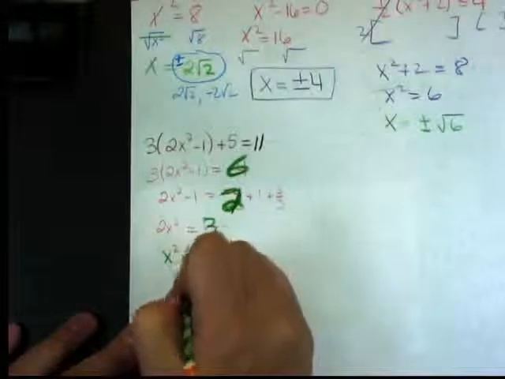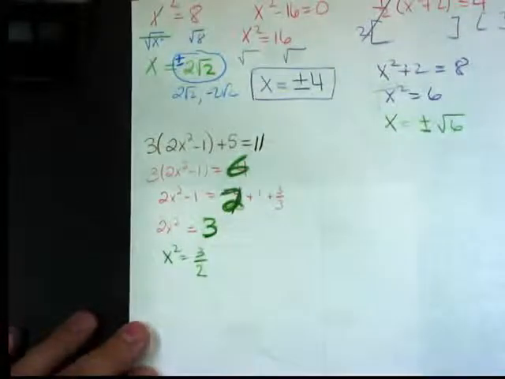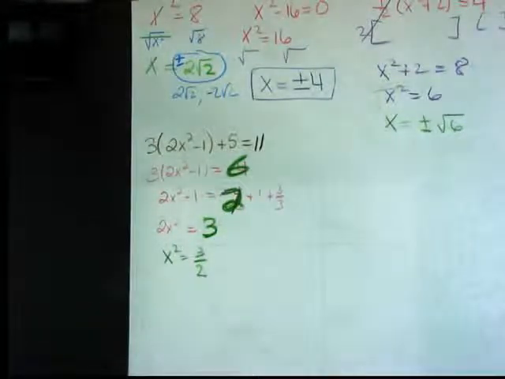Divide by it, and we get our 3/2. It does help if I give you the correct problem. I apologize for that. Subtract the 5, that's where the 6 came from. Divide by the 3, that's where the 2 came from. Divide by the other 2, and that's where our 3/2 are.